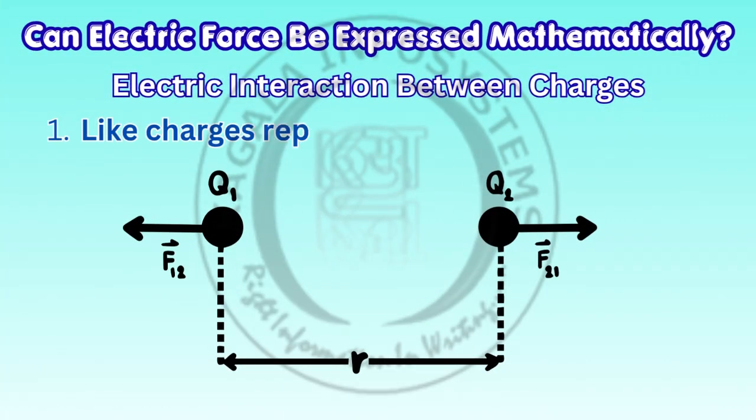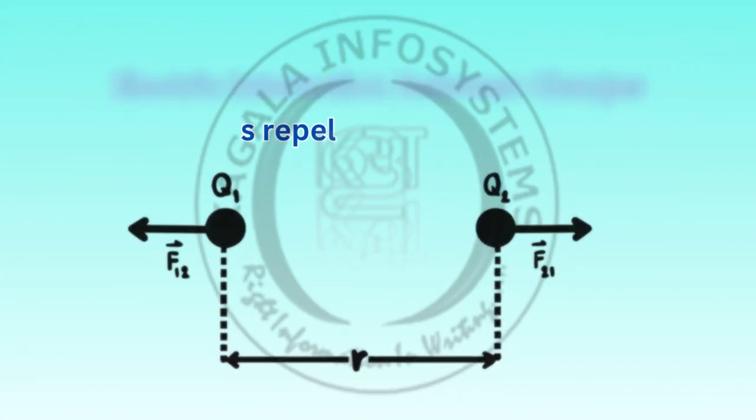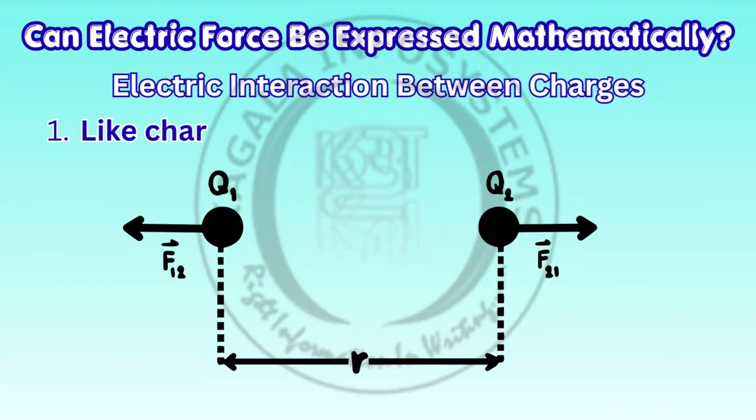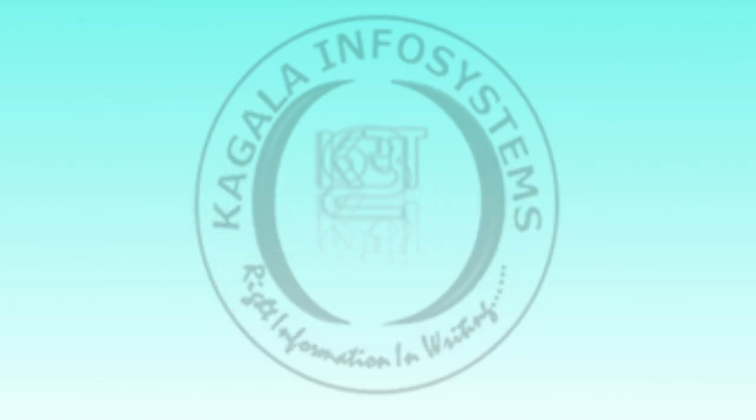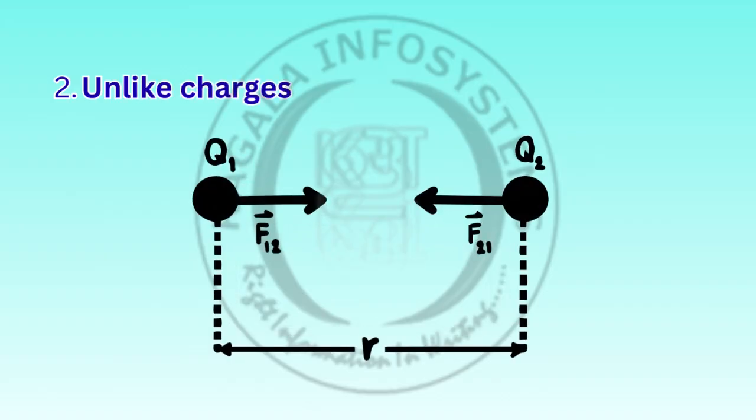Coulomb observed that charges exert forces on each other. Like charges repel while unlike charges attract. But an important question remained. How exactly does this force depend on charge and distance?